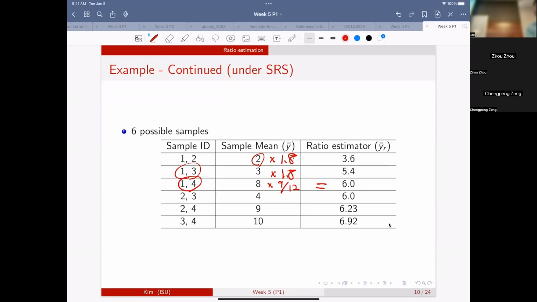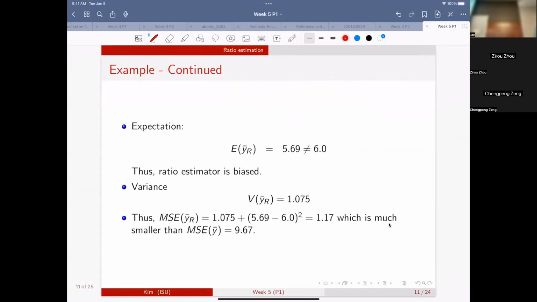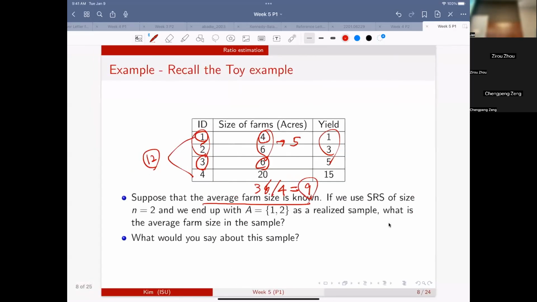Okay, and now let's take a look at the property. So for example, take 3 and 4. The mean of x is 13, but the population mean is 9.